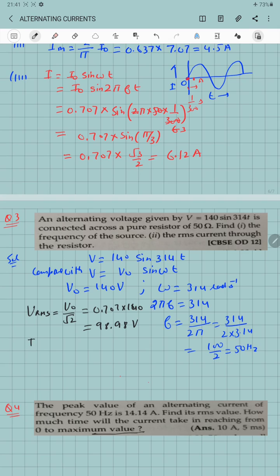So the RMS current through the resistor of 50 ohm will be V_RMS over R, which is 98.98 over 50, which will give us final answer 1.979 or 1.98 ampere.